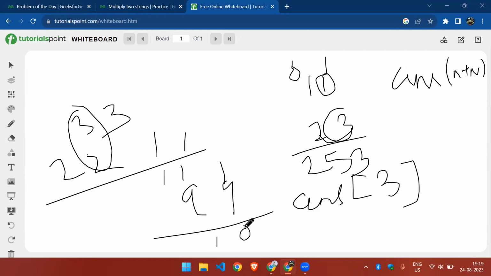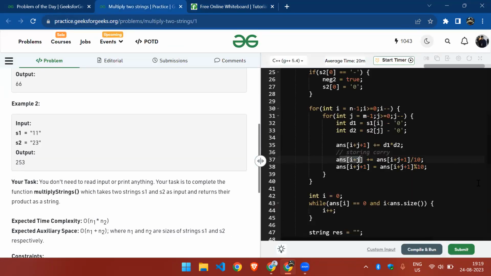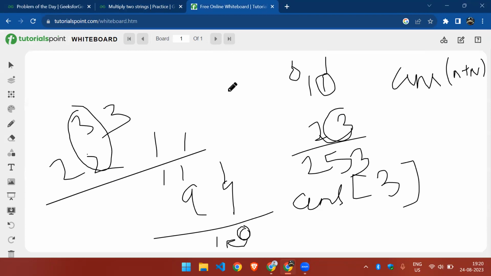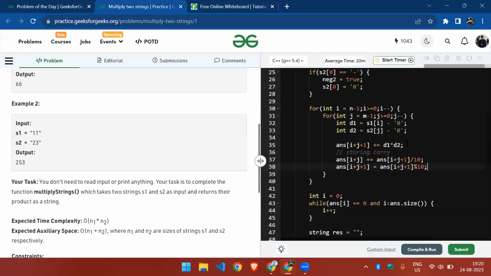So you will store the carry, you will add the carry to the next preceding place, right? So that's why answer of I plus j. Then you will simply take the modulo. Since if it were 10, you were taking 10 modulo 10, which is you are storing 0 at this place, right? Not the 10. So that's why you are taking the modulo.